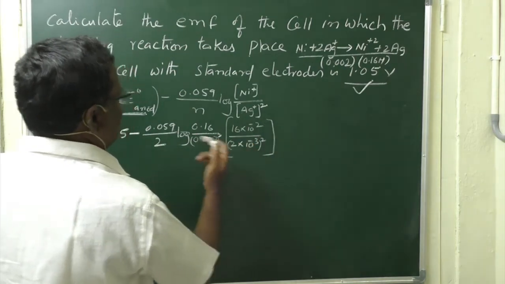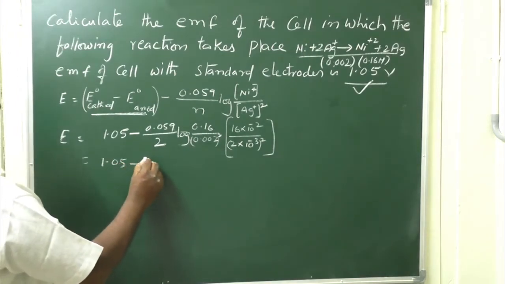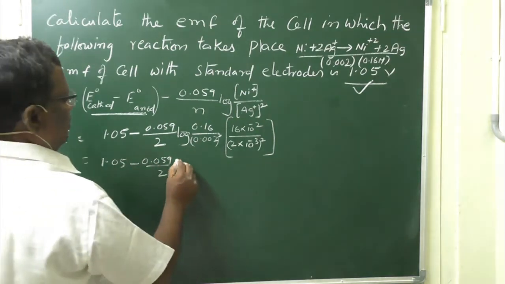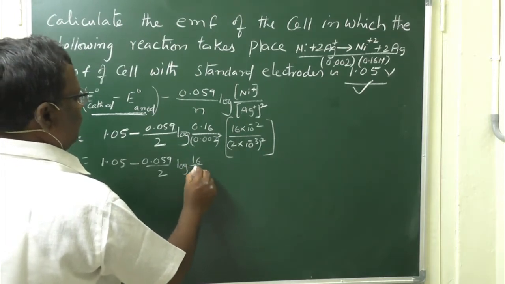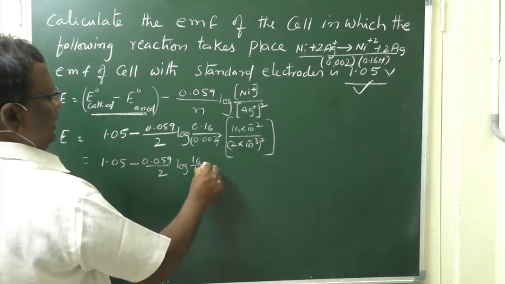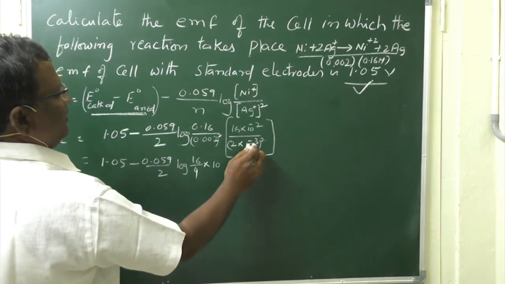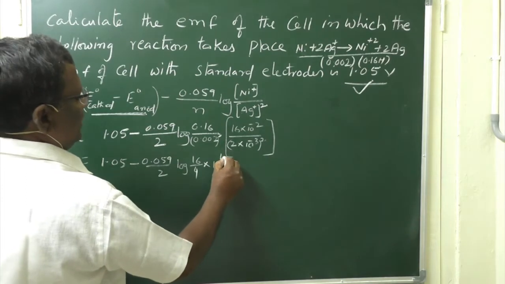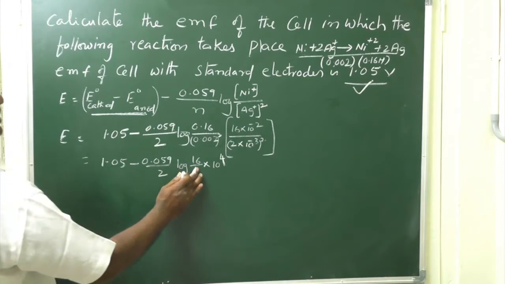So, on simplifying this, you will get 1.05 minus 0.059 by 2 log of 16 by 4 into 10 to the power minus 6 and minus 2, so this will be 10 to the power 4. 16 by 4 is nothing but 4.